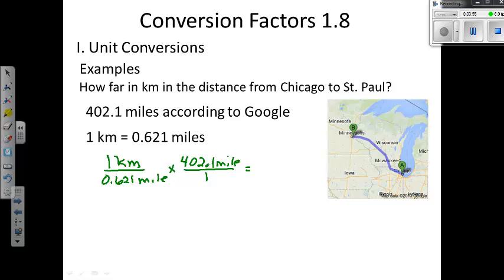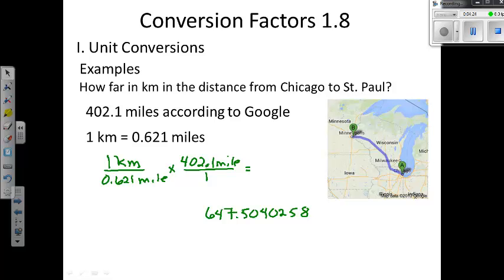And I do the math here. The number I get when I punch it in the calculator is 647.5040258. But what do I have to think about? I have to think about significant figures. I have 1, and I have 0.621, which is 3 significant figures, and 402.1, 4 significant figures.